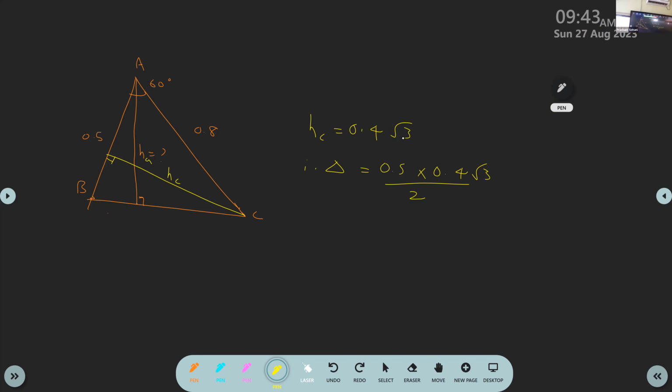If HC intersects AB at D, then AD will be 0.4. So we can apply Pythagoras theorem in this triangle, and we know this length now. In this triangle we have everything to apply Pythagoras theorem, and therefore we'll get BC.